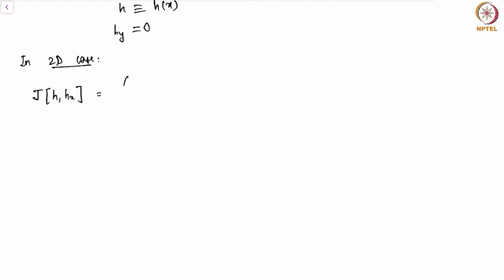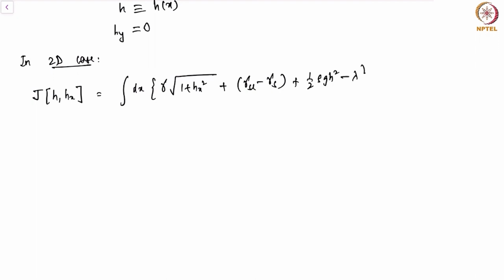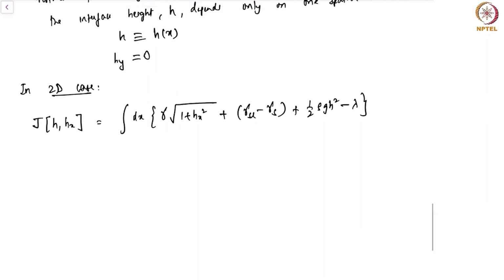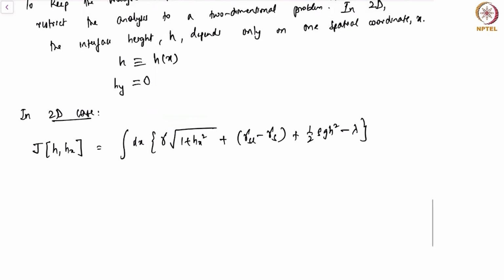Essentially, I have an integral dx of gamma times square root of 1 plus h_x squared, plus solid-liquid minus solid, plus half rho g h squared minus lambda. This is what I have, right? Now, what is this integral going from? Let's consider a situation as follows.